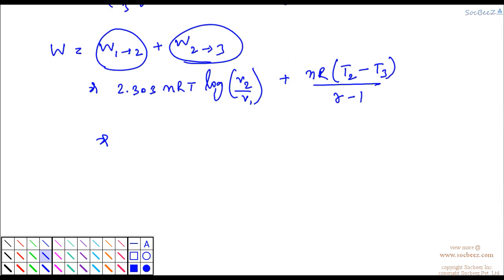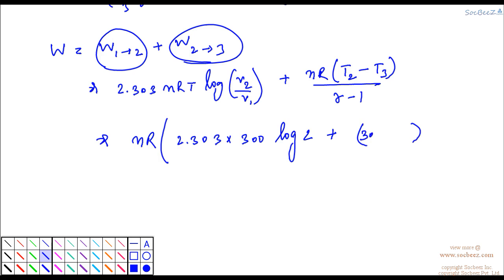So using these equations, we can take nR common, which gives us 2.303 times the initial temperature, which was 300, into log of 2, plus T2 minus T3, which is 300 minus 227.35, upon 0.4.